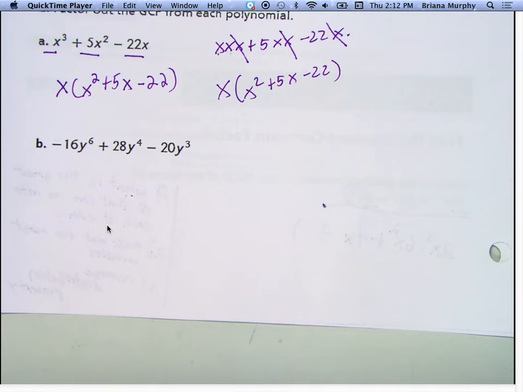That looks good to me. Giving you one more second. Try it out. How do you take the negatives into consideration? Just keep them in the problem if you can.